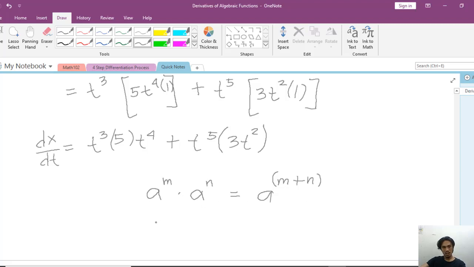Okay, so we will apply this property in our derivative. Let's just copy the constant: t raised to 3 times t raised to 4, plus copy the constant here, 3, t raised to 5 times t raised to 2.